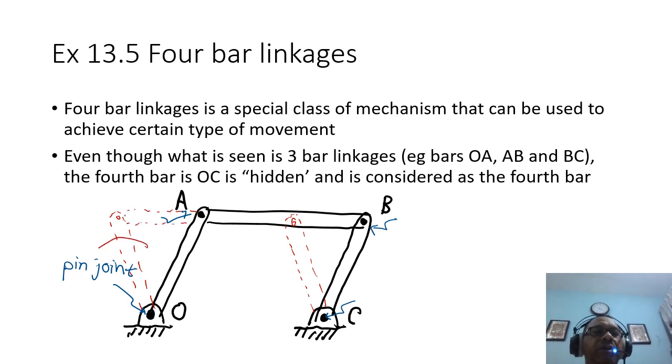So this is the case where we move OA counterclockwise, and therefore BC will move in the same direction. So you can imagine certain mechanisms are moving in that way.